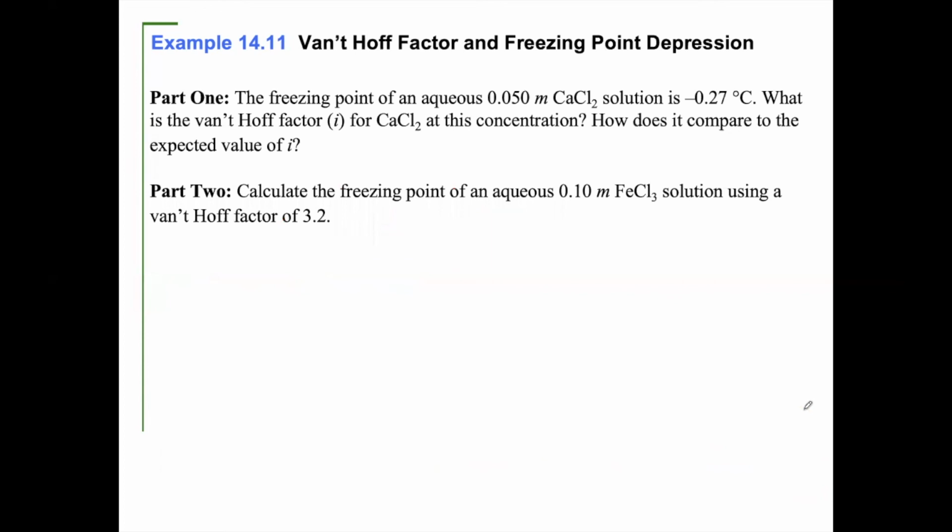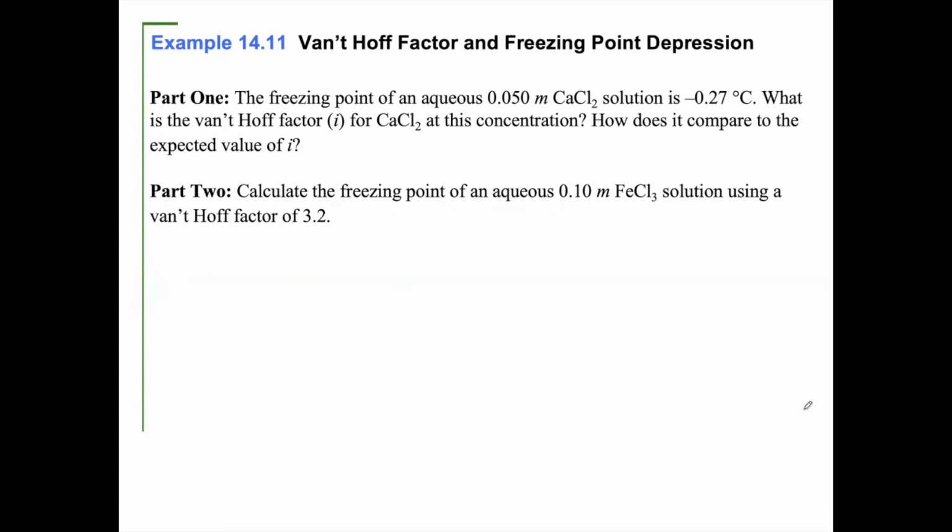So what we haven't discussed yet is something called the van 't Hoff factor. This chapter talks about colligative properties, and that's the property of a substance that depends on the number of dissolved particles, not necessarily the kind of particles.